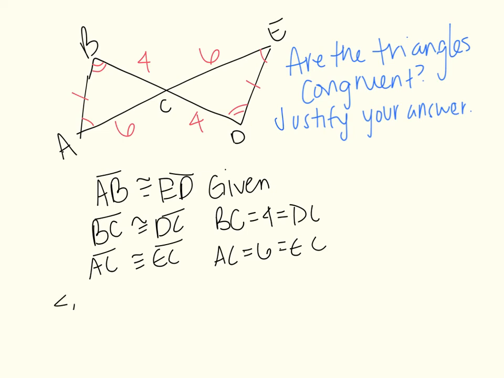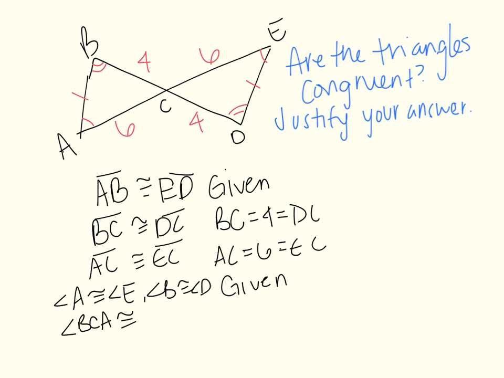We know that angle A is congruent to angle E, and we also know that angle B is congruent to angle D. That's given to us; it's marked. And then we know that angle BCA is congruent to angle DCE because vertical angles are congruent.